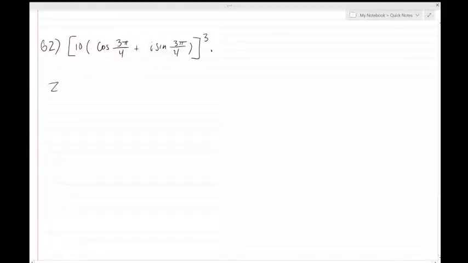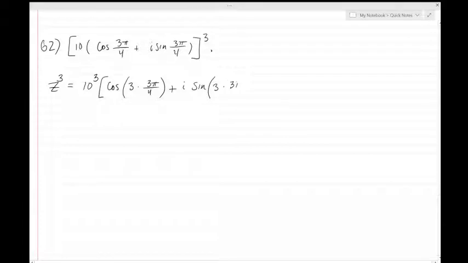So we'll say that this number is some number z. So z to the power 3 is equal to 10 to the power 3 times cosine of 3 times 3 pi over 4 plus i sine of 3 times 3 pi over 4.